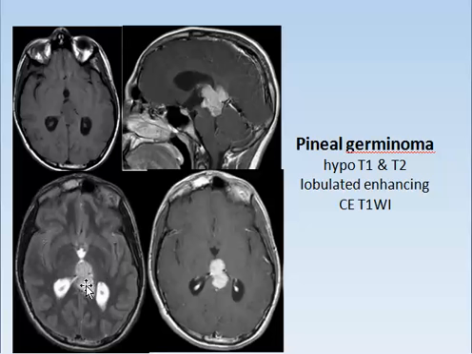Enlargement and swelling of this region with enhancement in T1 weighted images could be a small mass, could be a large mass, could be a lobulated mass like here, extending into the surrounding CSF spaces and compressing the third ventricle, denoting pineal germinoma.